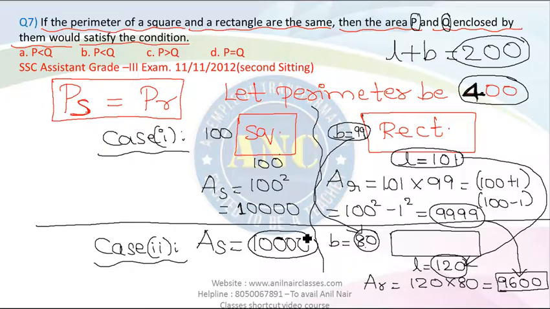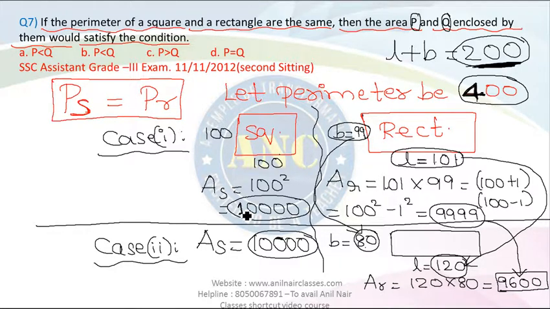That means, you take any length and any breadth, whatever you like, which gives you the sum of length and breadth as 200 for a rectangle, the area will never cross the area of a square. Forget about crossing, it will not even coincide. That means area of the rectangle will not even be equal to the area of the square.